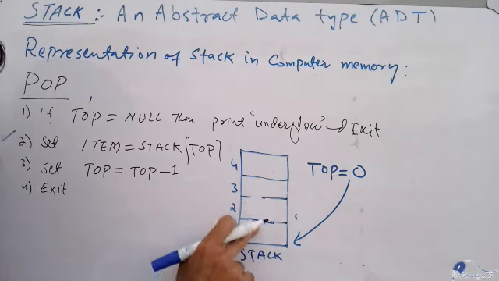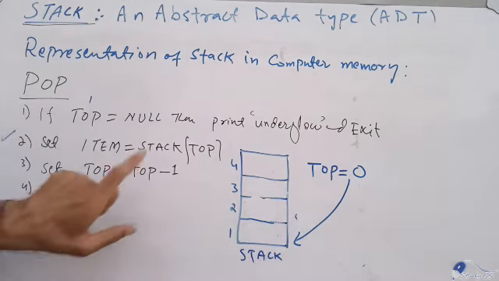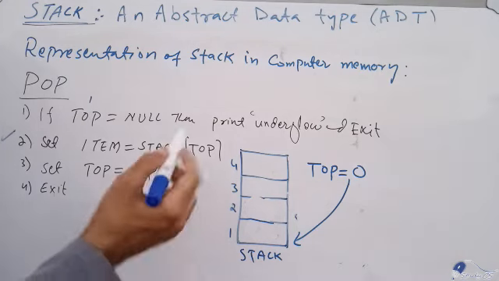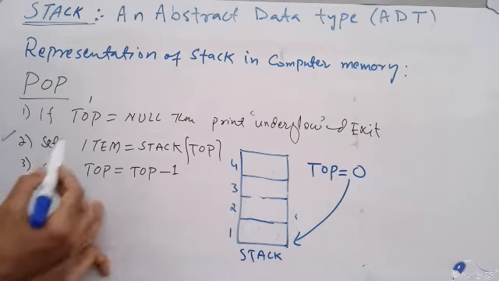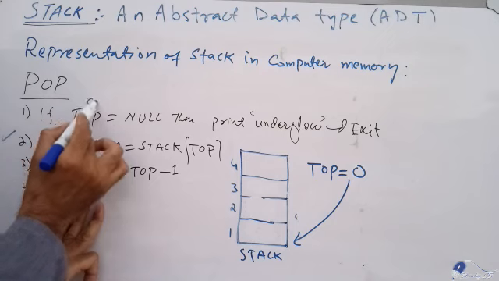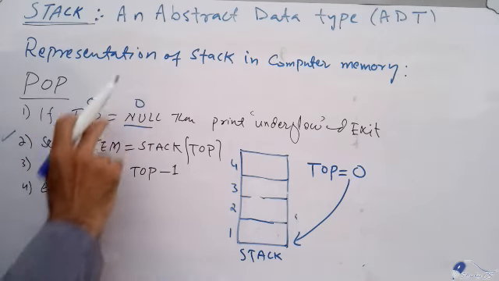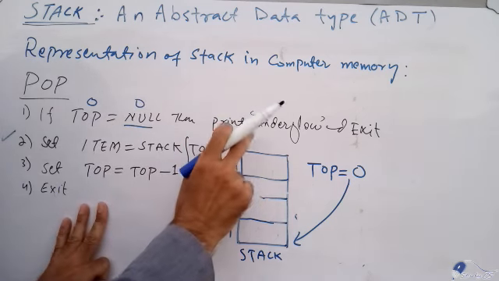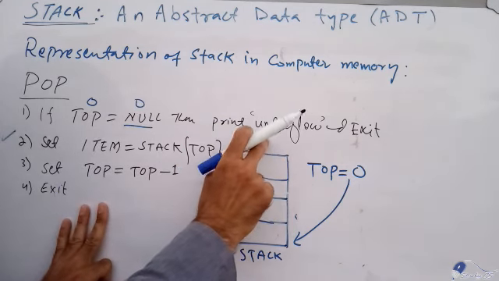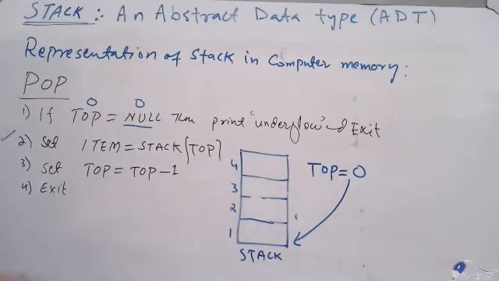So if again we want to run this operation, let's see what happens. Is top equal to null? Yes, null means 0, yes, 0 is equal to 0. So it will print the message underflow, meaning the stack is empty, you don't have any item to be deleted.